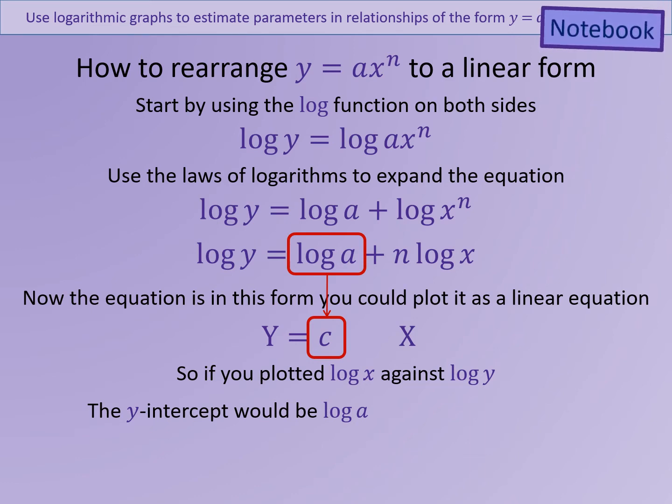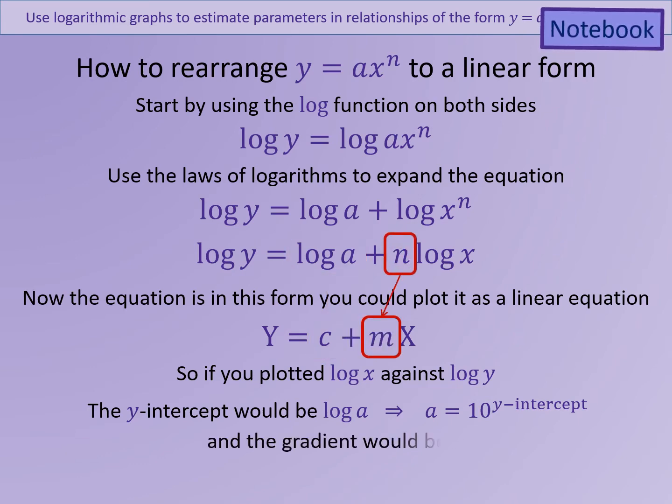And if the y-intercept is log to base 10 of a, then I can use my skills in rearranging into an exponential equation to say that if y-intercept is log to base 10 of a, then rearranging that, I would get a is equal to 10 to the power of the y-intercept. So if I can find the y-intercept on my new straight line graph, then I can place it into this equation and it will give me the value of a within my original equation.